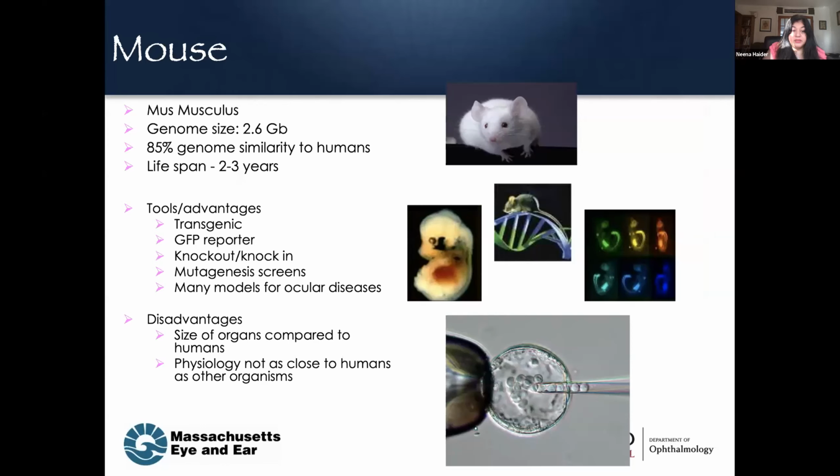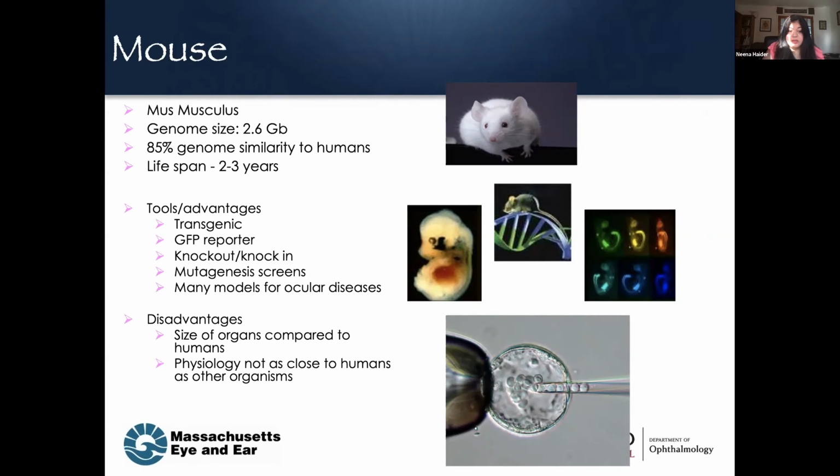Mouse is a very common go-to model for preclinical work on gene therapies and in retinal diseases or eye diseases in general. They have been developed probably more than any other model in many ways because there are numerous transgenics, there are reporter genes.